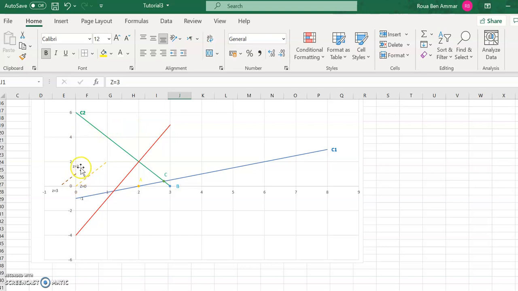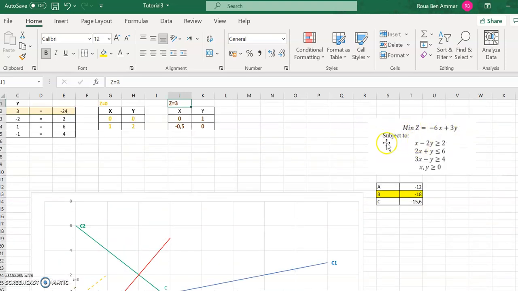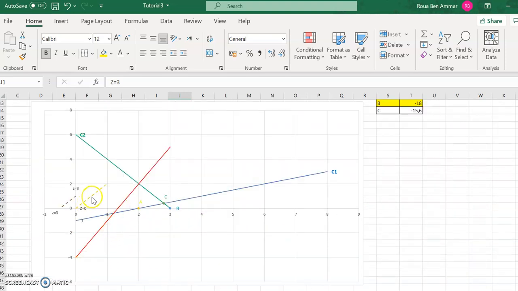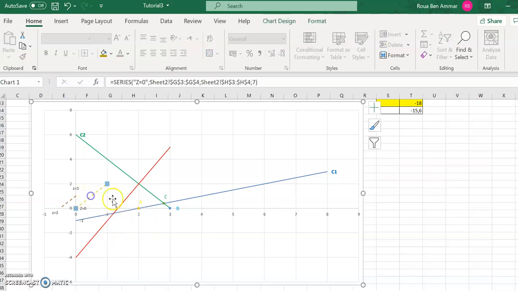This means that the maximization direction is this way, and hence the minimization direction is this way. This is of course a minimization problem. So what we're going to do is draw some other z lines, which are of course going to be parallel to this one.